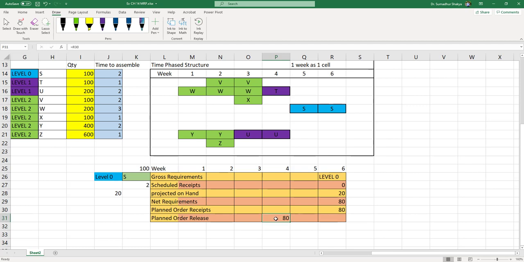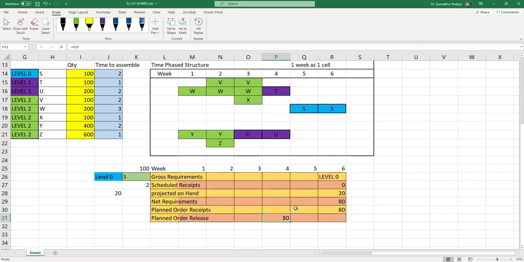On the floor, I would send out the information for 80 units of S to be made, such that whoever or whatever the staff and the other equipment that is needed to assemble 80 units of S will be ready by the end of week 4.